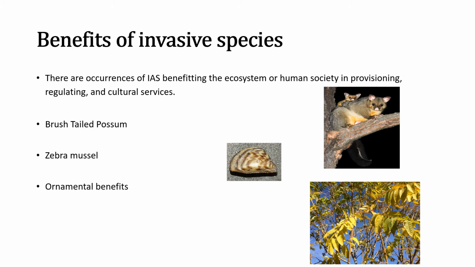And then for cultural, the impact of invasive alien species on cultural services is measured by its attributes that are non-consumptive. And non-consumptive means the value for recreational, tourism, history, education, science, spirituality, and aesthetics, all that.